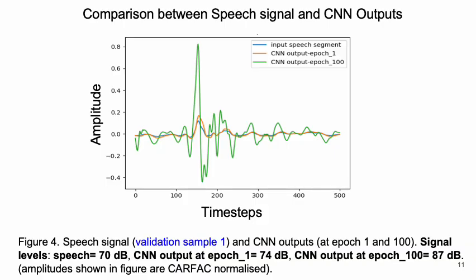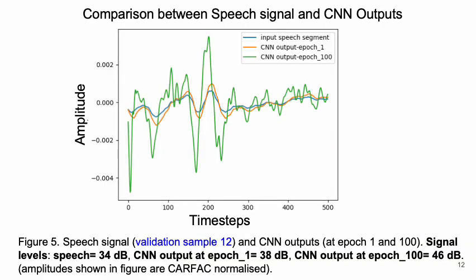As you can see, after 100 epochs of training, the output of the CNN is a well-amplified version of the speech input. To give more detail about this amplification, the speech level was 70 dB, and the CNN output at epoch 100 was 87 dB.